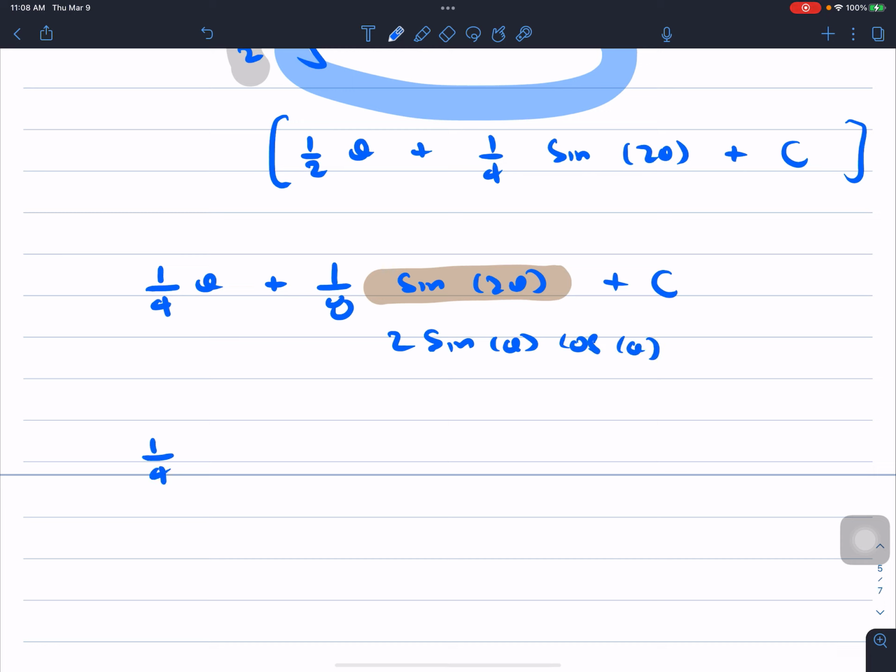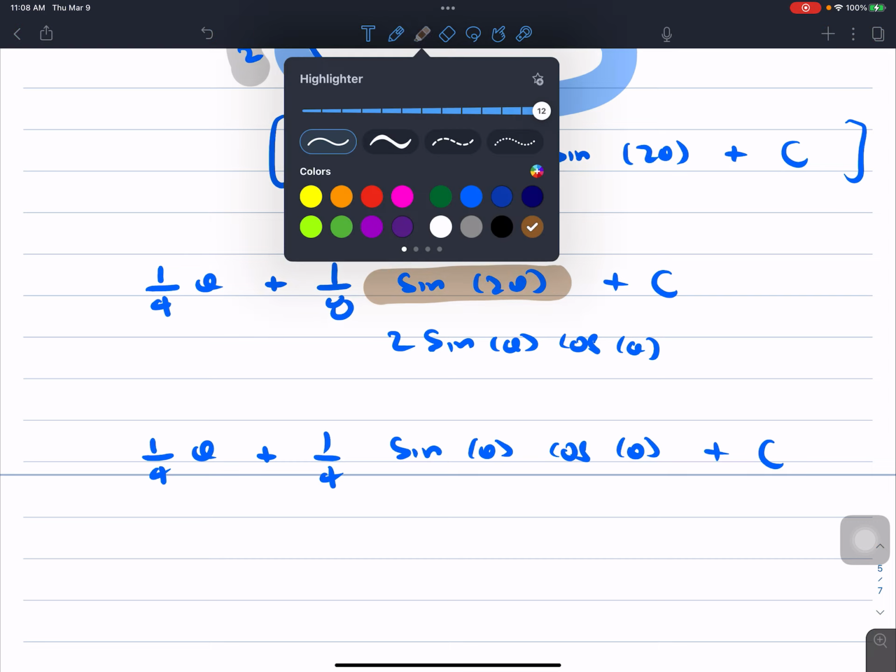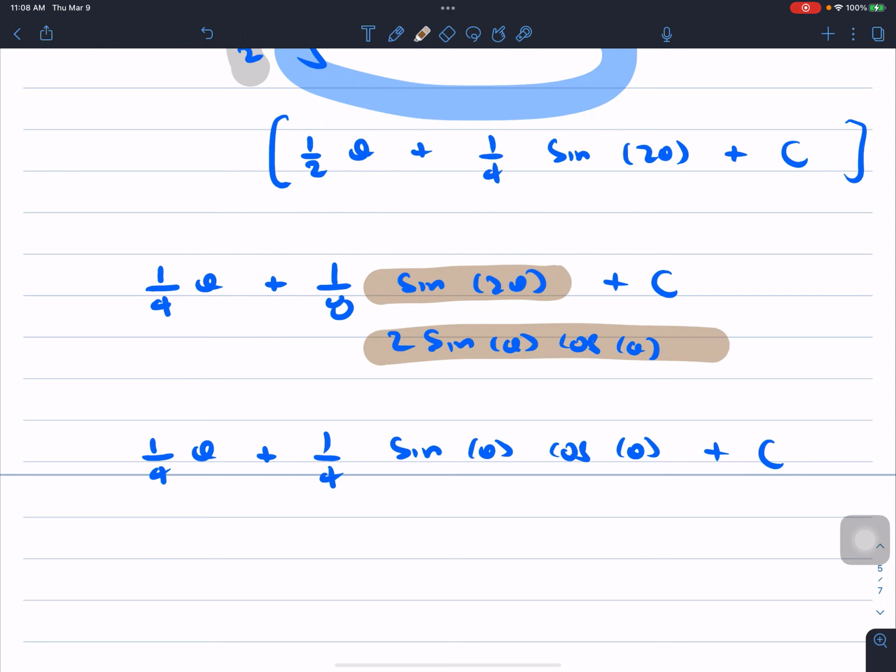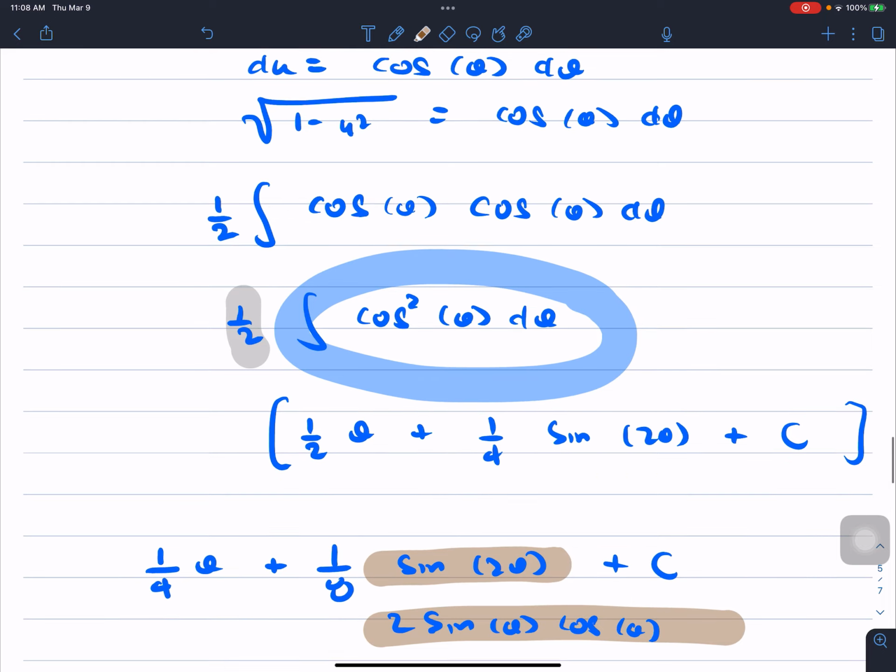So now we have 1/4 theta plus 1/4 sine theta cosine theta plus c. Are you okay with that one? So you guys see how that was similar? We use that identity here. All right, what was theta?